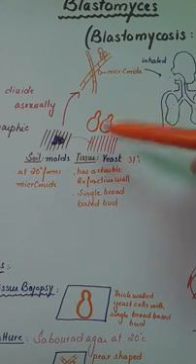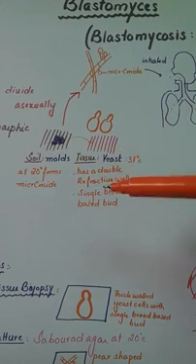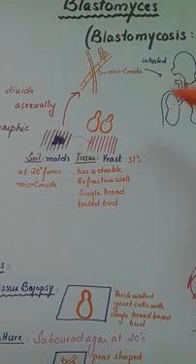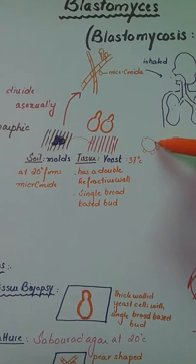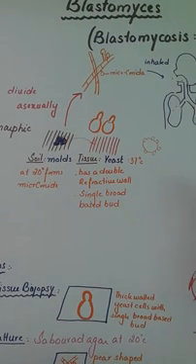This characteristic helps us differentiate it from other organisms, such as Paracoccidioides, which has a similar structure but multiple buds, and Cryptococcus, which has a similar shape but a narrow-based bud.